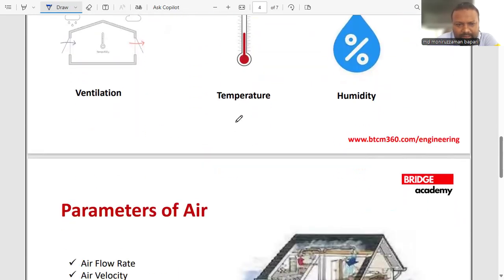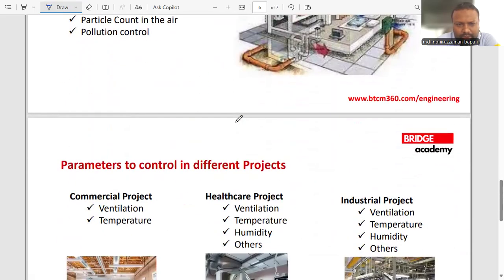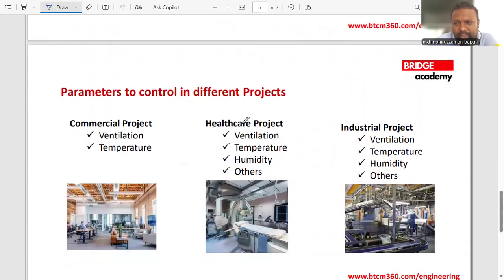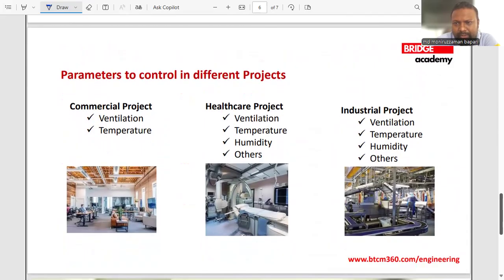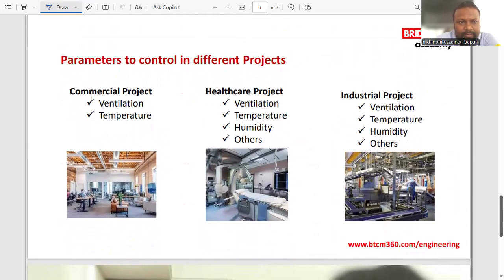Now, these are the major parameters that we control. All through this course, we are going to learn how to control individual parameters. Usually, in a commercial project, people are more focused on ventilation and temperature. These are the major parameters that we control in commercial projects.